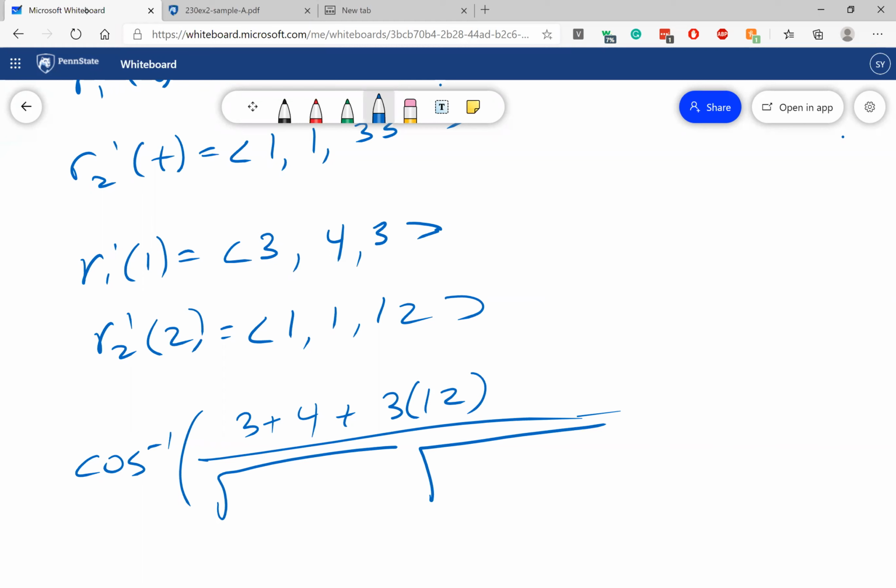So that would be the square root of 9 plus 16 plus 9, times the square root of 1 plus 1 plus 12 squared.